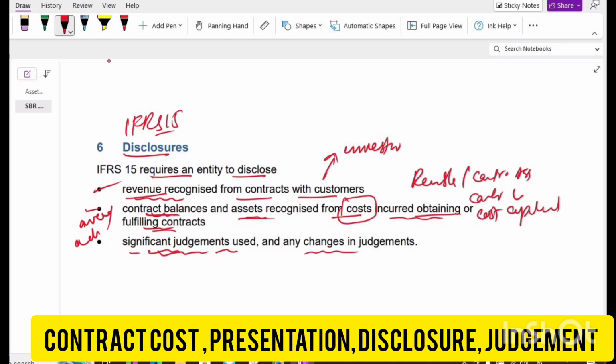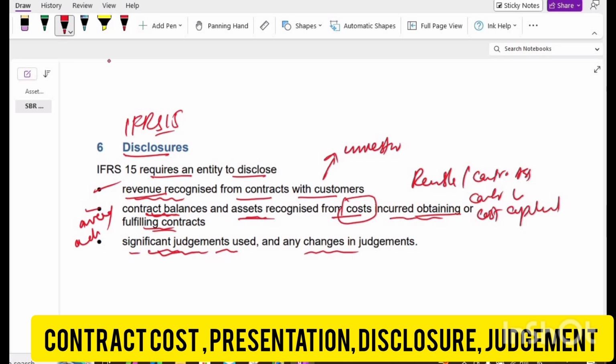For example, how it decides when to recognize the revenue, how it determines the timing and the amount of revenue to recognize. So any change in the judgment, and why it matters. This provides transparency, helping users of financial statements understand how the company arrived at a certain decision.